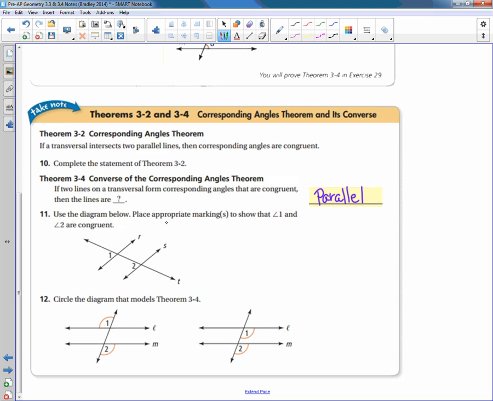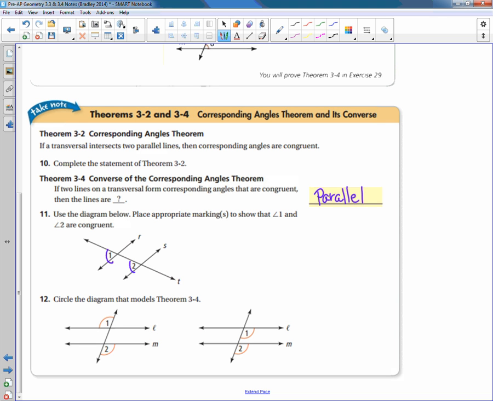Use the diagram below to place the appropriate markings to show that angle 1 and angle 2 are congruent. How would we place markings there to make sure? We do the arc, but this would be 1 and 2 are congruent.